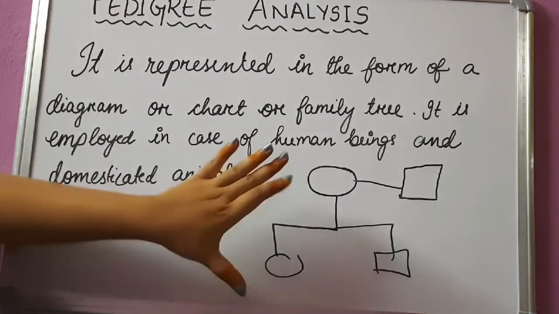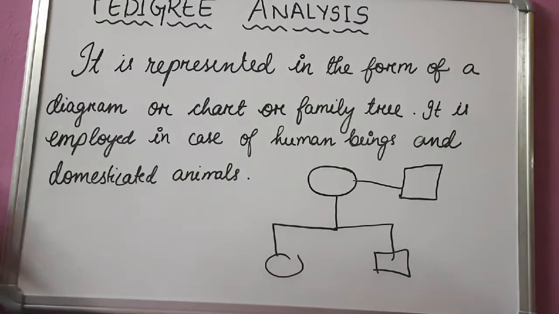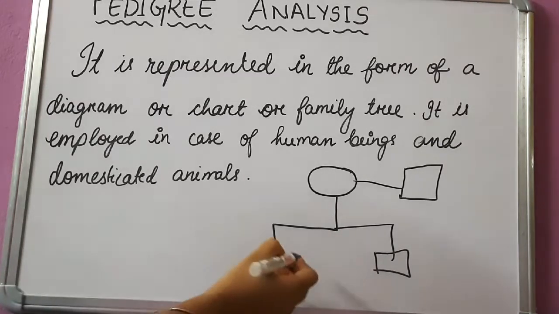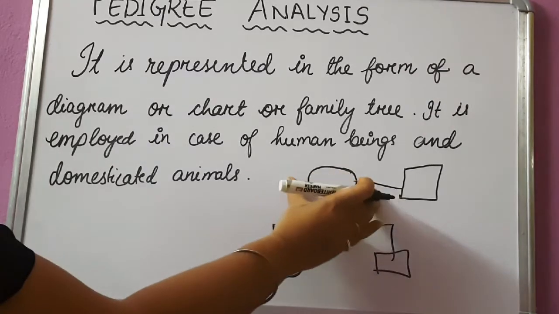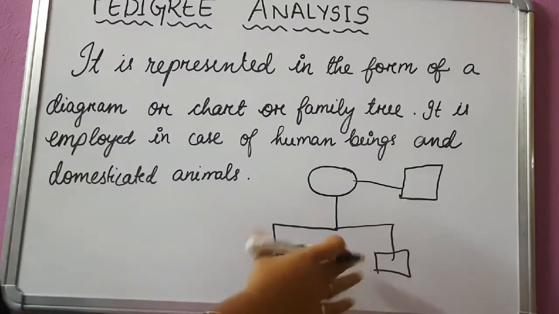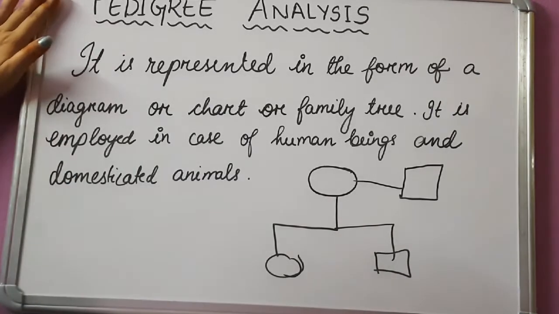In this way, the family tree goes on. It is employed in the case of human beings and domesticated animals. Any disease or traits passed from the parents, affected parents or normal parents, to their offspring, and so on through generations and generations, is called pedigree analysis.